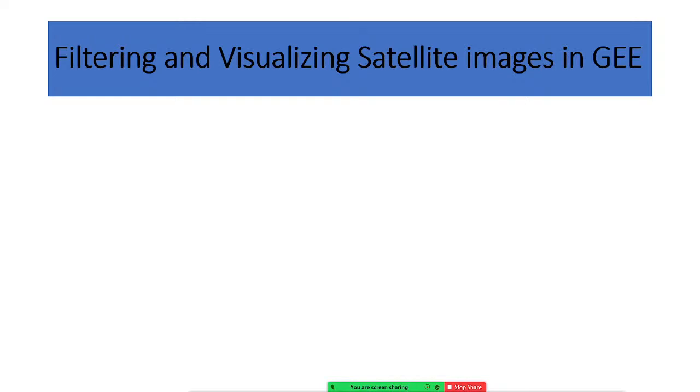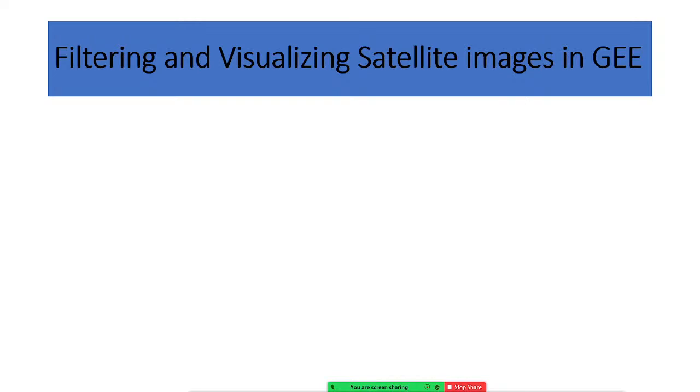We can follow the same way here, because when you filter any satellite images, you need to filter by some factor. Suppose you need Sentinel images for a specific region, and this is one way of filtering. Suppose you need images for specific properties.